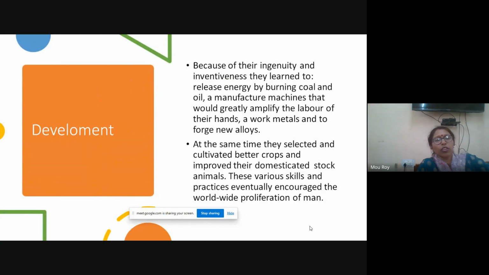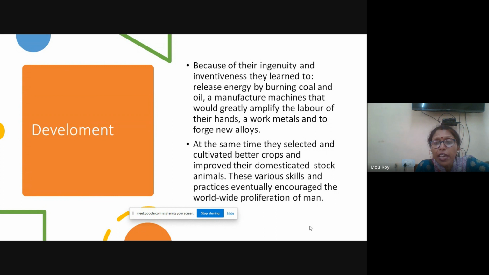So we are coming to development. Now, when we talk about the development of the environment, we need to know that there is release of energy by burning coal and oil. Then there are manufacturing machines that would greatly amplify the labor of their hands, work metals, and forge new alloys.